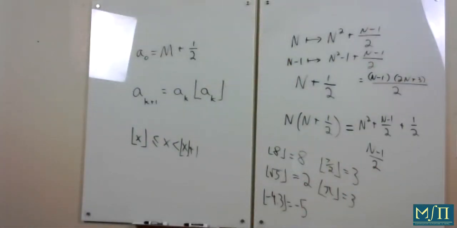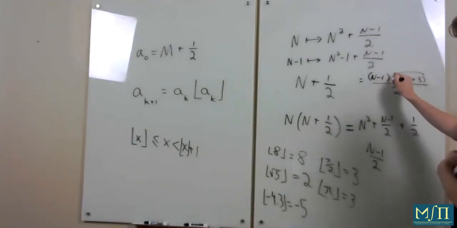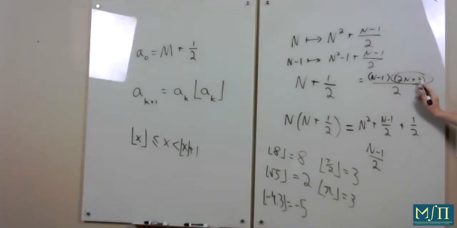So when we look at this relationship between the integer part of the term minus 1 and the integer part of the next term minus 1, we're multiplying by some odd number, whatever this number is, it must be odd, and then dividing by 2. Meaning, we're dividing by 2 at each step. So we lose a factor of 2 at every step. And so this can't keep going on indefinitely.